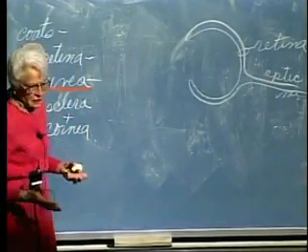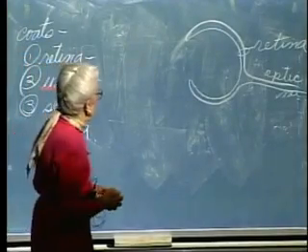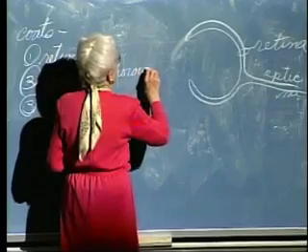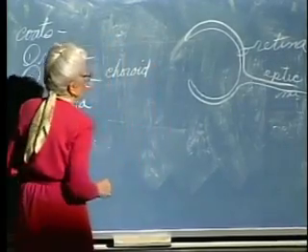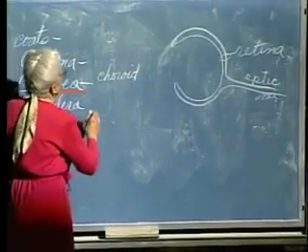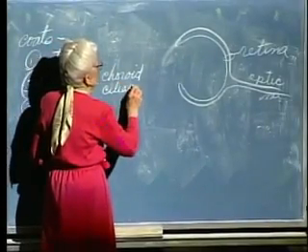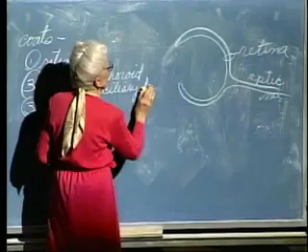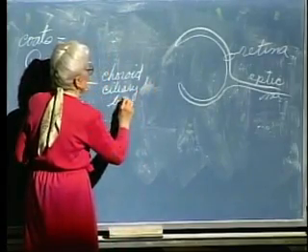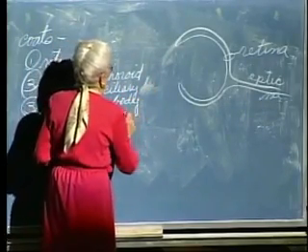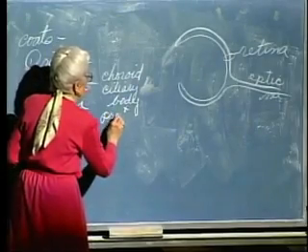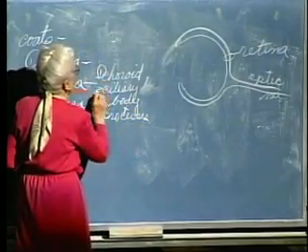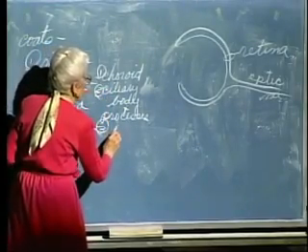It consists of three parts: the choroid, the ciliary body and processes, and the iris.